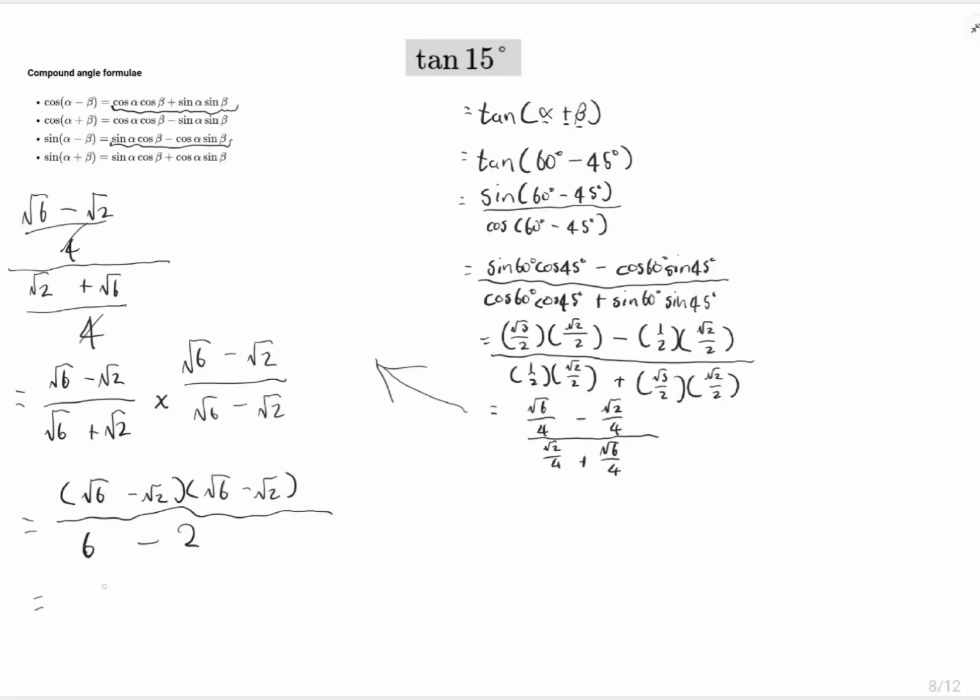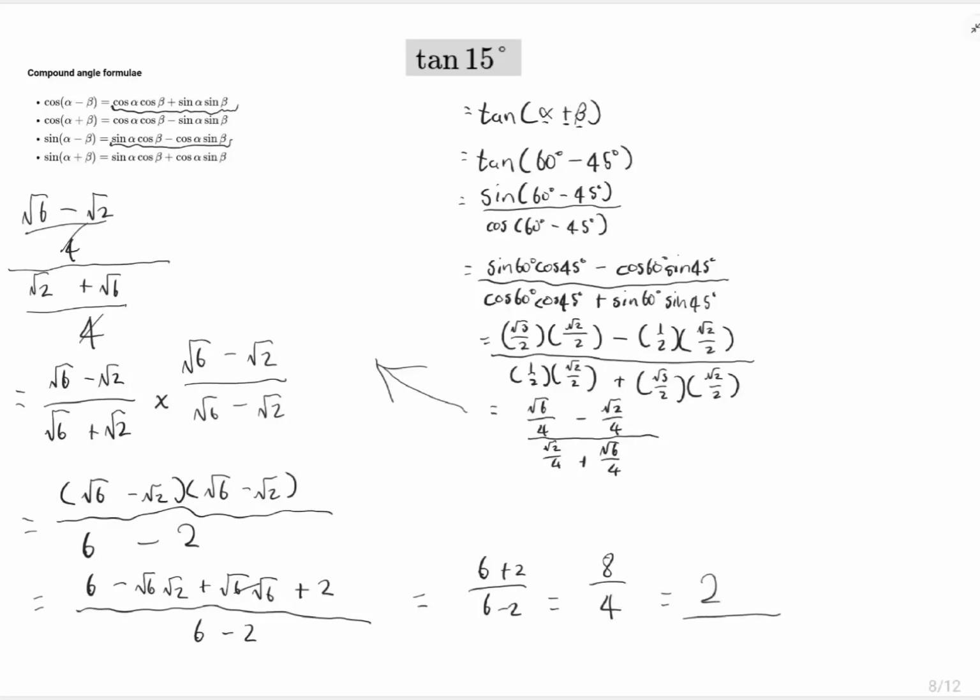Multiplying the brackets at the top, it's going to be 6 minus square root 6 square root 2 minus square root 6 square root 2 plus 2, over 6 minus 2. The middle terms combine, leaving 8 minus 2 square root 12 over 4, which simplifies further.